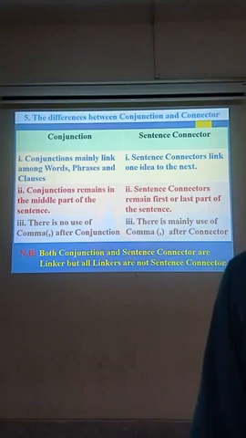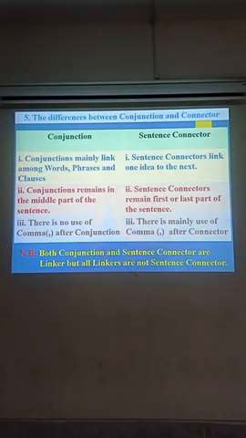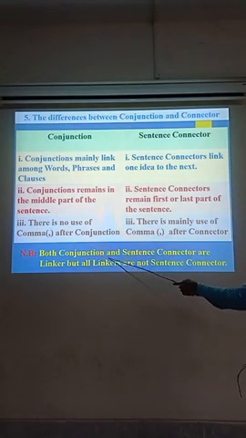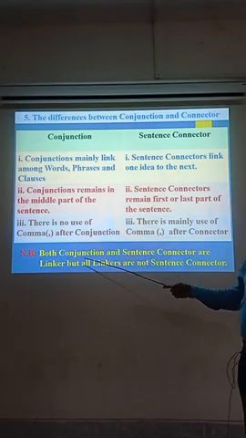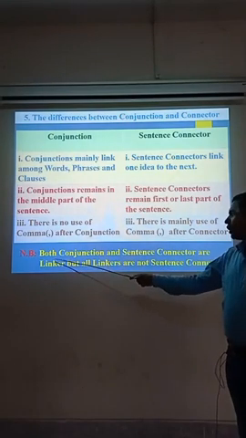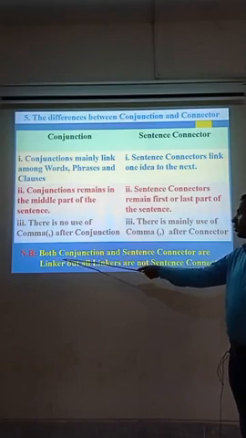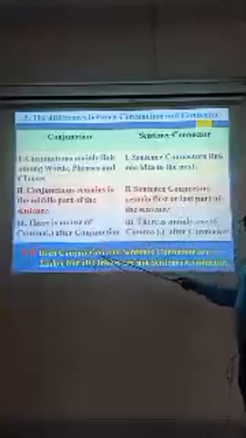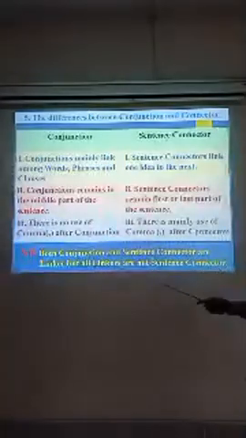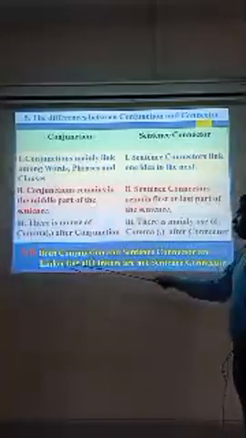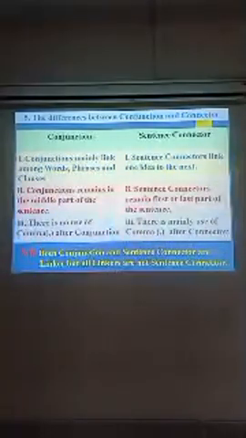This is a very nice or excellent sentence. You should remember it very well, that is a special note, and it will be helpful for you to identify the sentence connector very well.